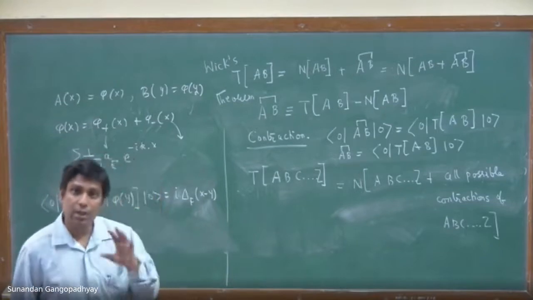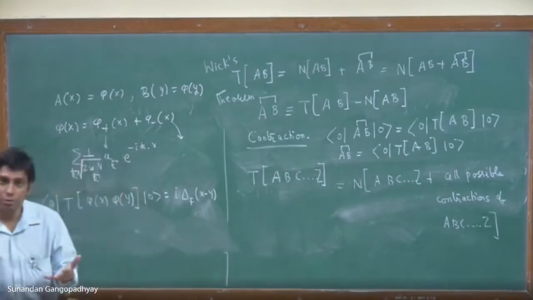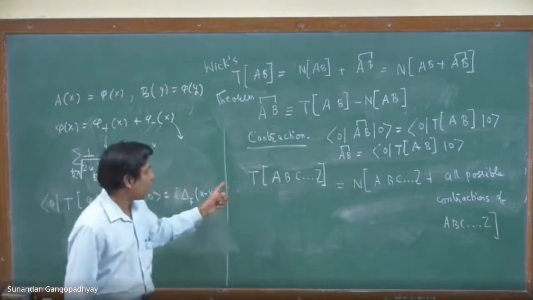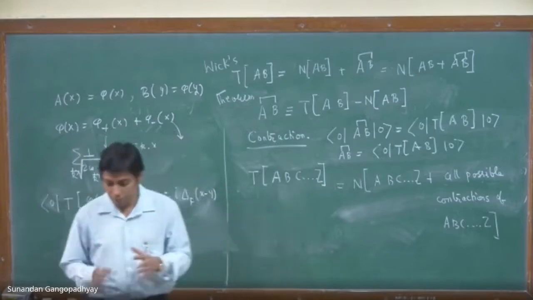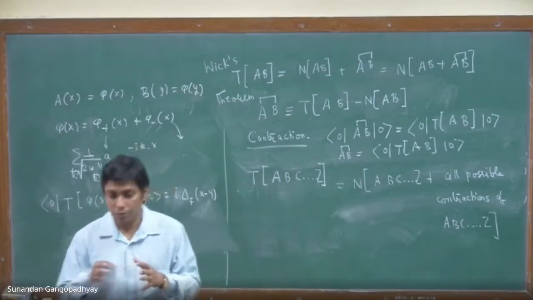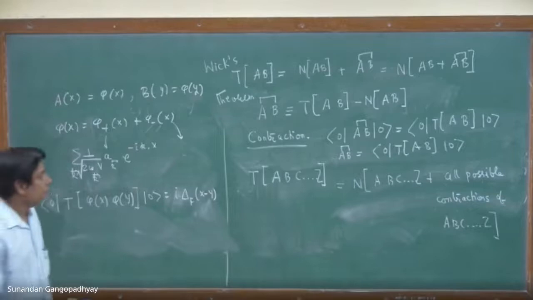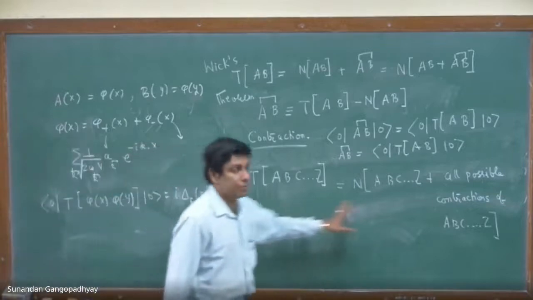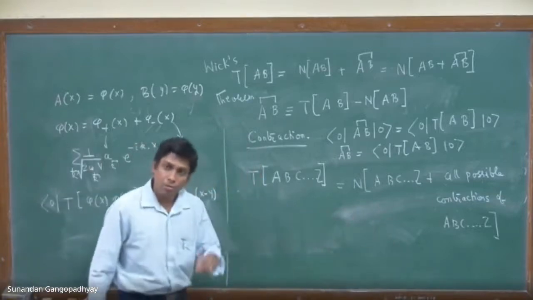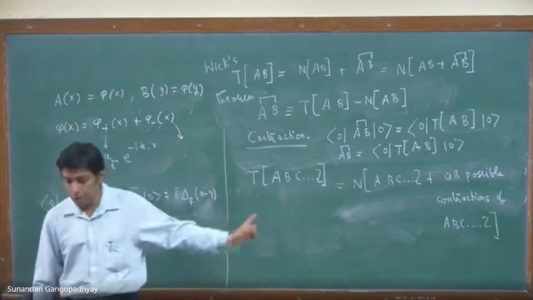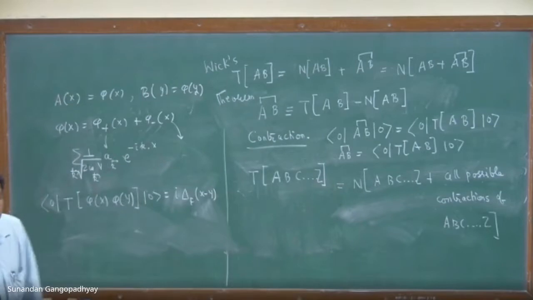So we know how to write down a vacuum expectation value of a time ordered product of at least a pair of operators which are interacting fields, in terms of free fields. Once you write that formula down, now you can apply Wick's theorem. So here comes the use of Wick's theorem. You have to just wait for another couple of classes, and then we can see how to apply this.